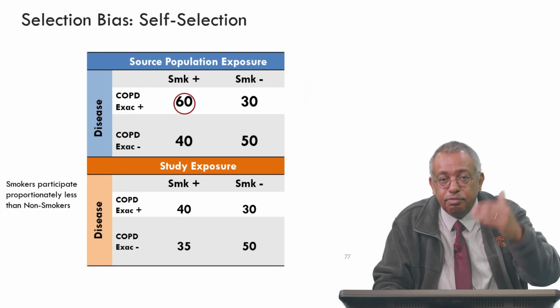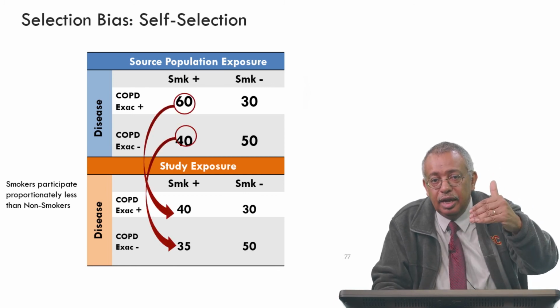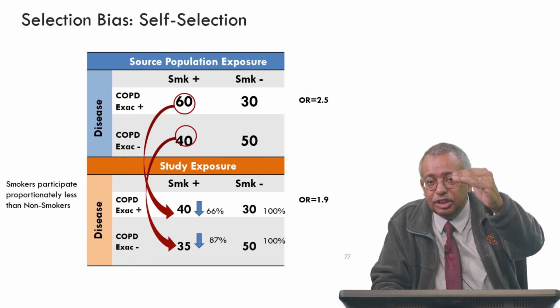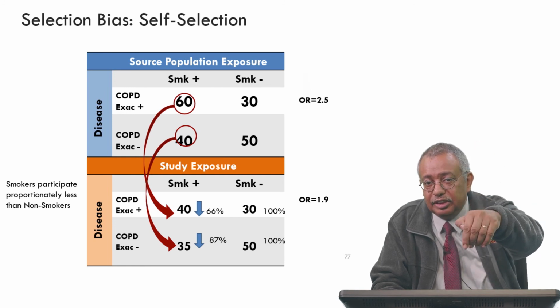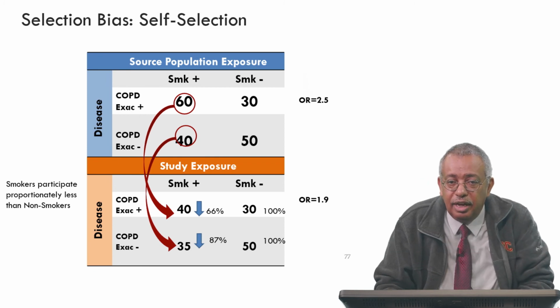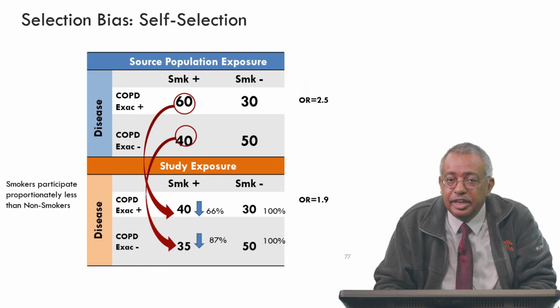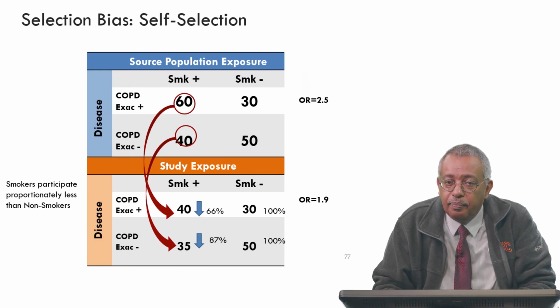Then if you follow forward and try to see the relationship, things are not lining up properly. Going from 60 to 40, you have a 66% reduction, whereas going from 40 to 35, you have about a 13% reduction.